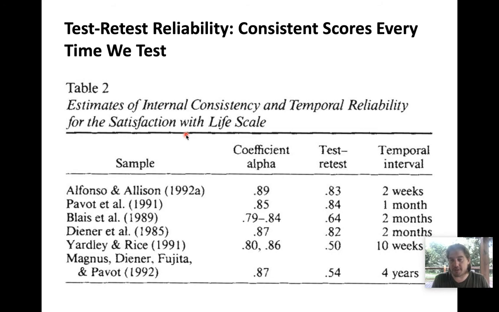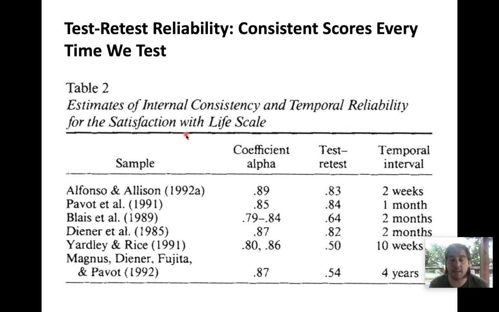In order for this to be a good measurement, we would assume that the closer in time the test and retest, meaning I give you the life satisfaction scale maybe on Monday, and then I give it to you again on Wednesday, right? Only 2 days, or maybe the next week. So you have a very tight window of test-retest, right? We tested you. Now we're retesting your satisfaction with life.